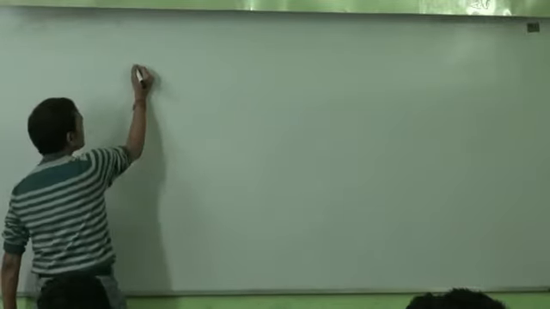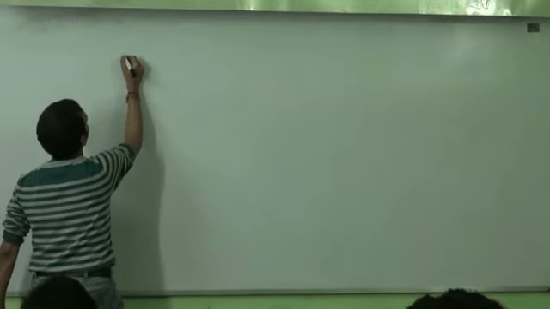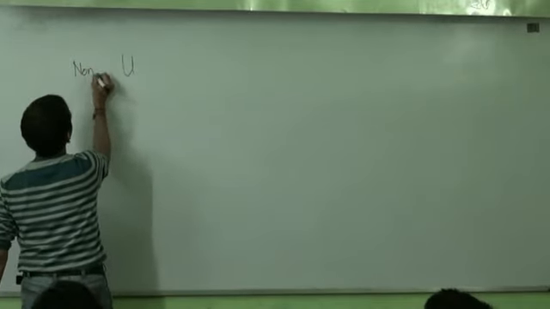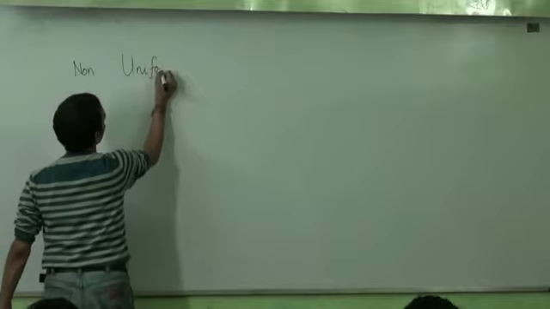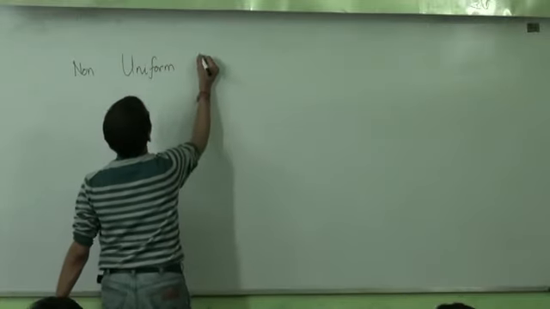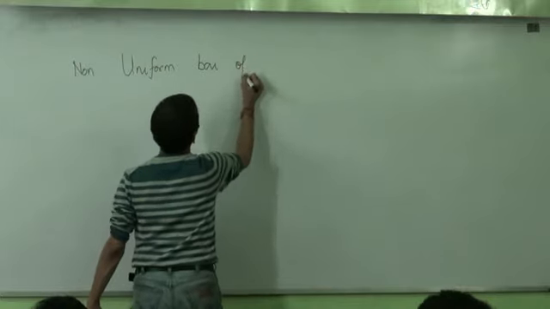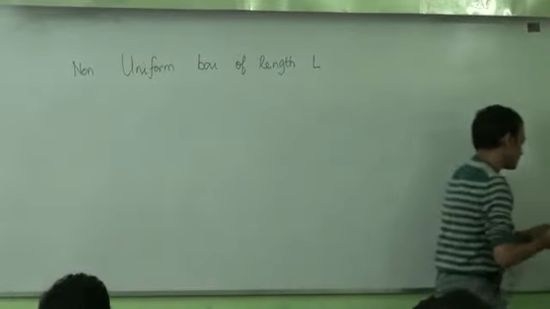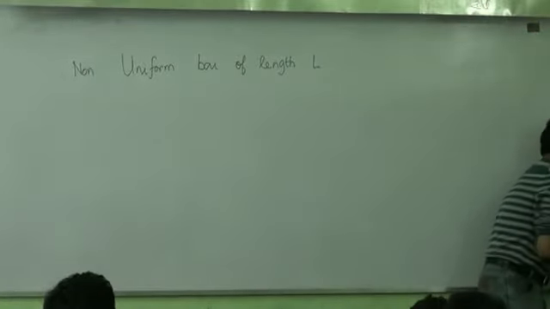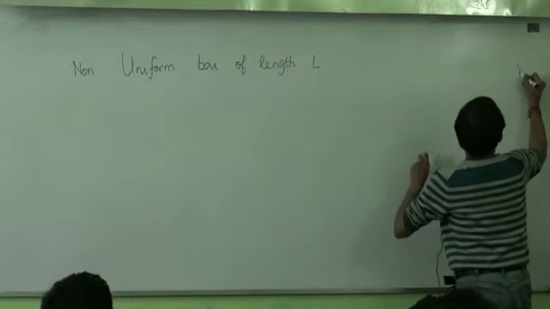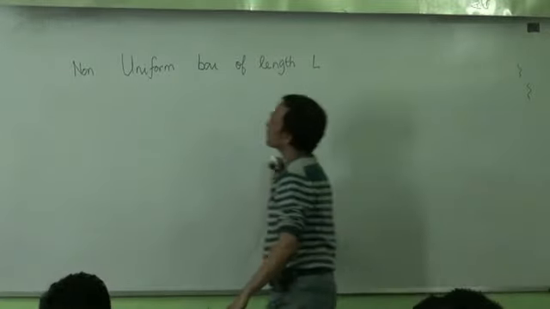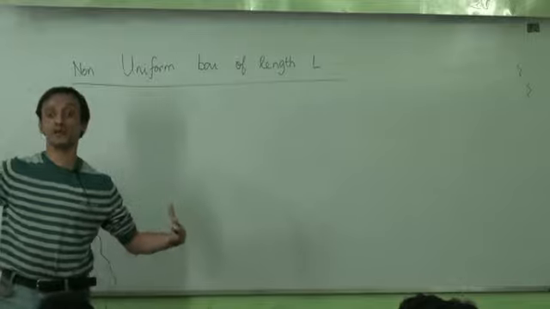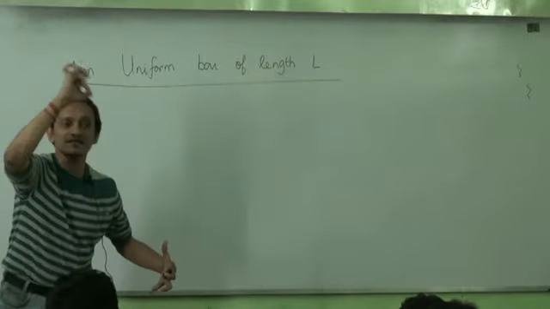Now, in the first place, let's look at a non-uniform bar of length L. A uniform bar of length L would have its center of mass at the geometrical center.